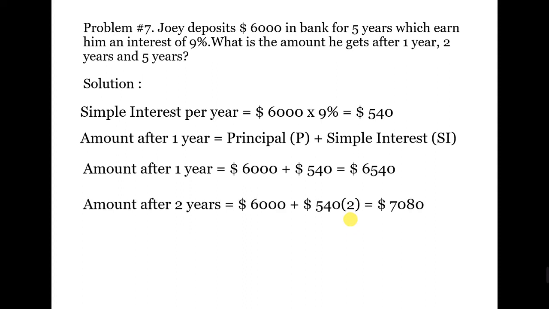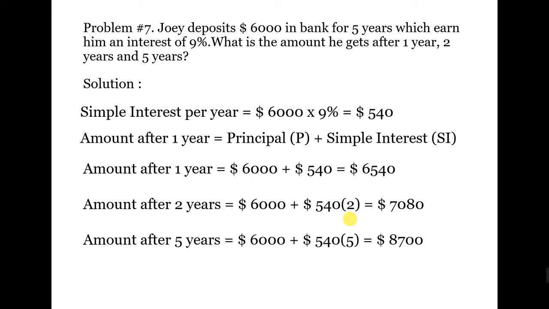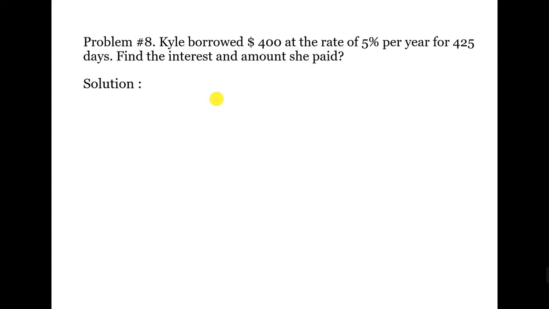For 2 years, the amount of interest is doubled and the total amount he will get is equal to $7,080. Then for 5 years, the amount of interest per year should be multiplied by 5. Then the total amount he will get is equal to $8,700.